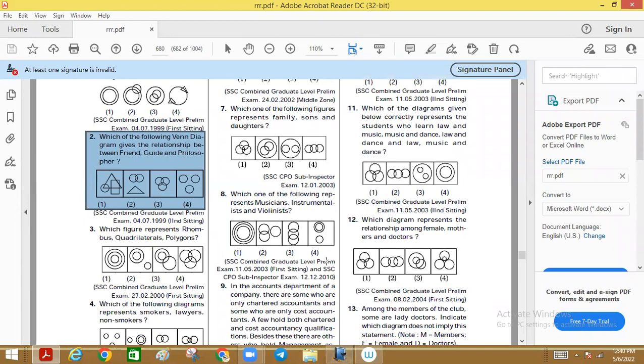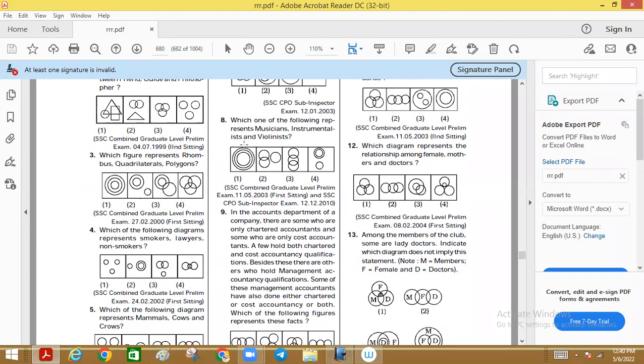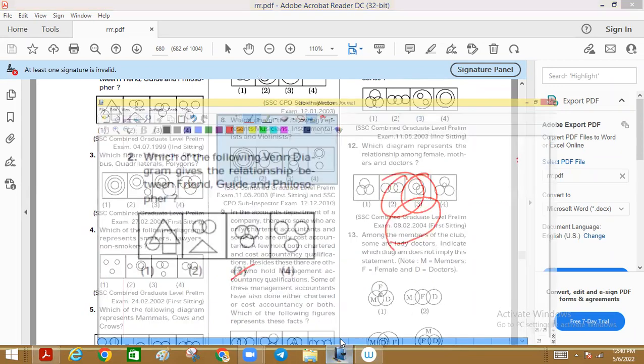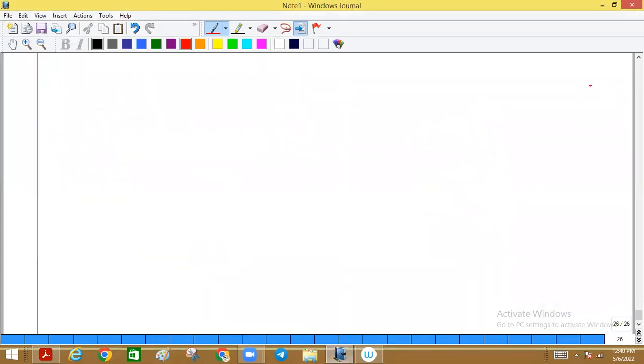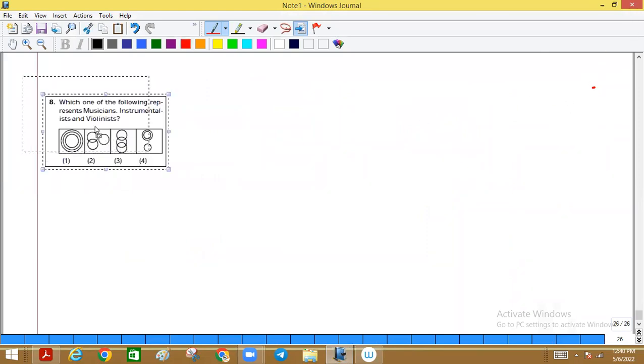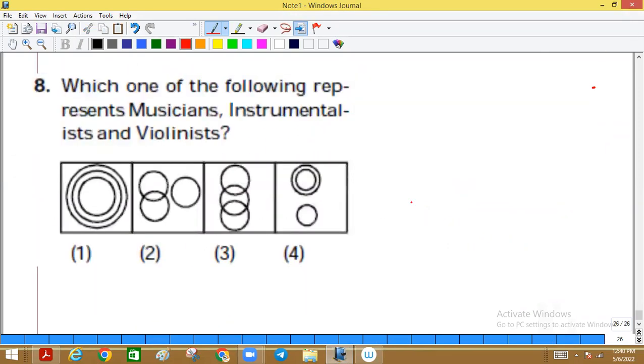Yeah, try to answer this one now. Very important question for SSC. Musicians, instrumentalists, and violinists. What's the answer?